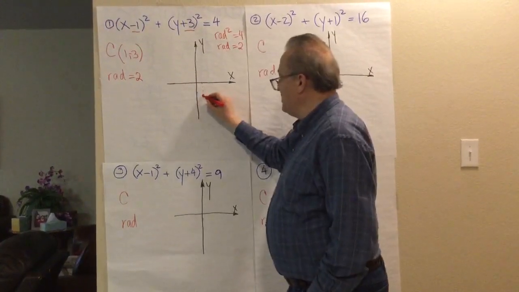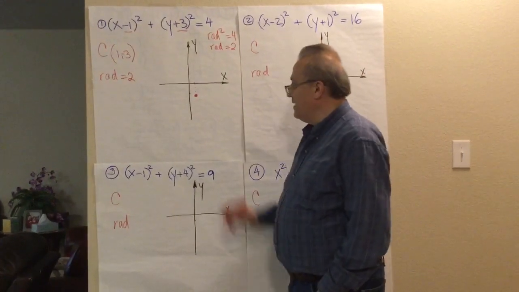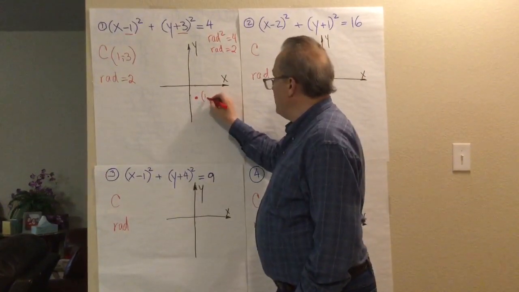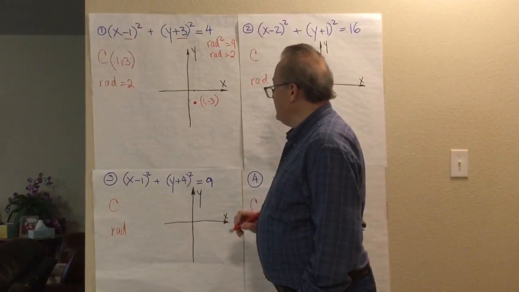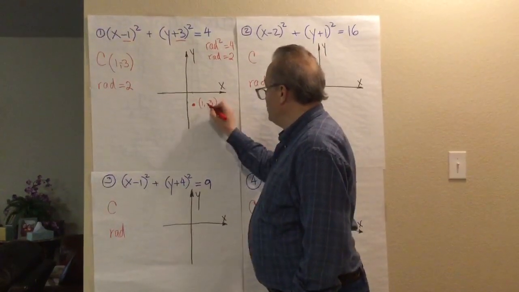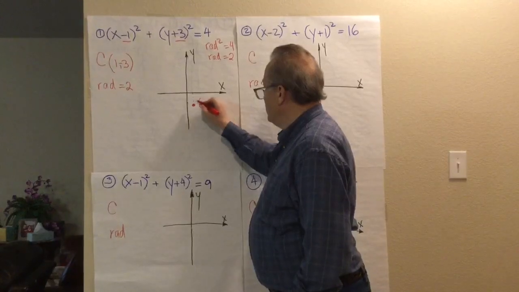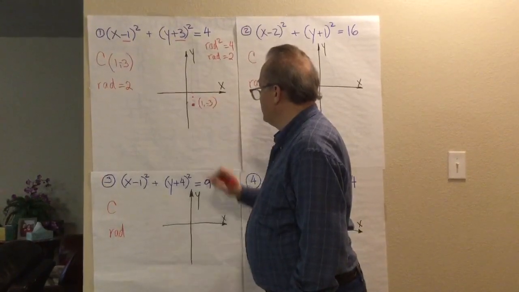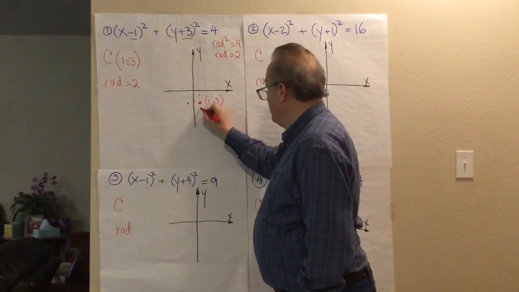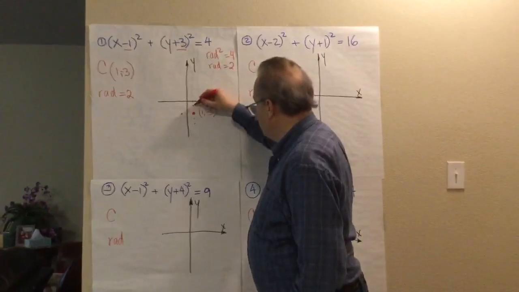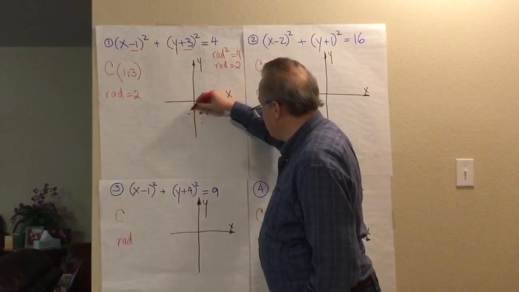If my center is right here at (1, -3), then the radius is 1, 2 in each direction. So this would be my circle.